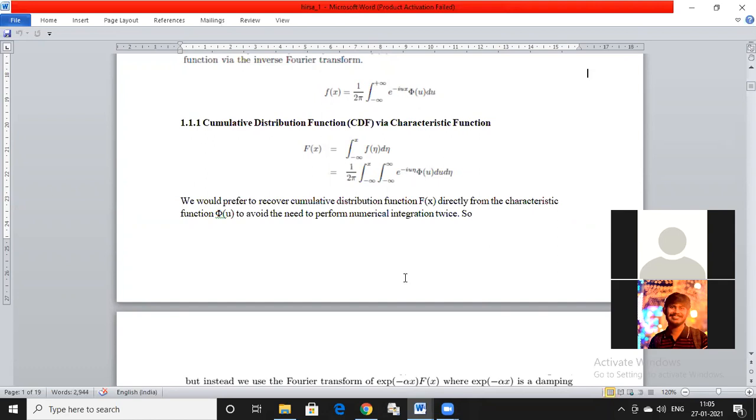Why do I need to talk about characteristic function? For independent random variables, the characteristic function of the sum can be written as the product of the individual characteristic functions. So that might be helpful for computational purposes.